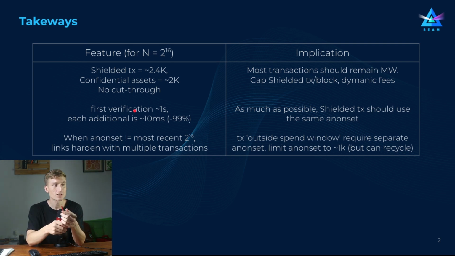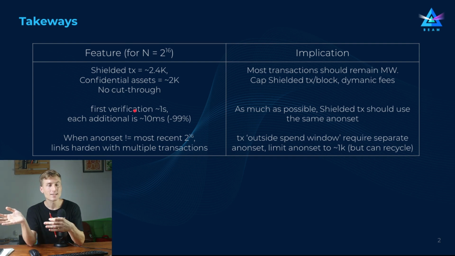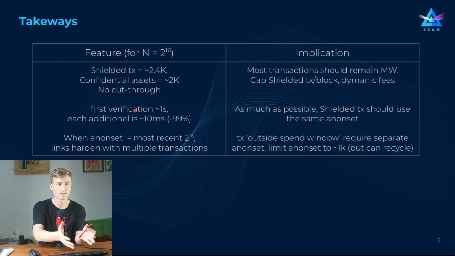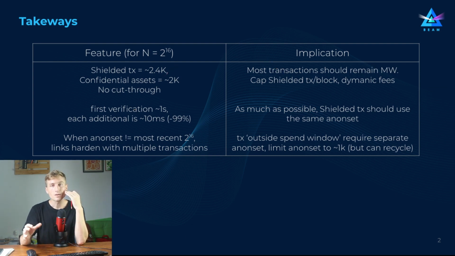Remember, just as we saw a few slides ago, if our anonymity set is a random subset rather than the most recent, then we've got those hardening links with every subsequent transaction, right? So we don't want to do that either. So the solution that Beam has come up with is pretty ingenious, actually. So by default, the anonymity set is the most recent 2 to the 16 shielded outputs.